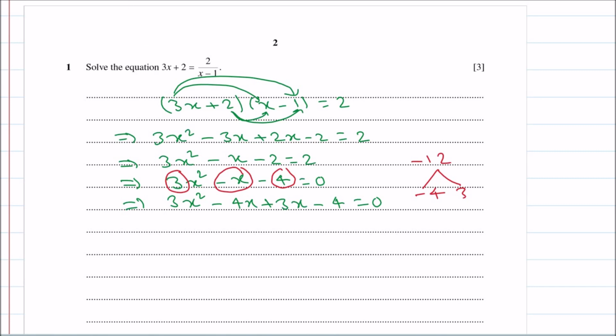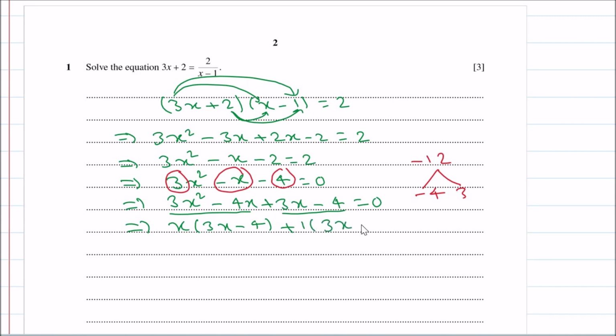Now we will factorize by grouping. In the first group, the first two terms, what is the common factor? There is only x. So we take x out of the first two terms, and the last two terms separately. So we do x times 3x minus 4, plus, here nothing is common in both the terms, so 1 will be the highest common factor.